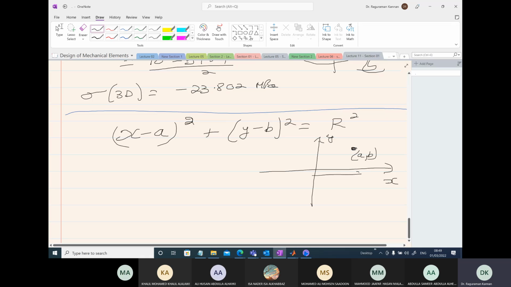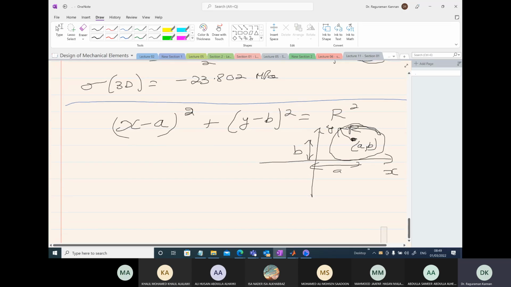That means the horizontal distance here is a, the vertical distance is b. And let's draw a circle around this point with the center at a comma b with some radius capital R. The equation of the circle like this is given by this equation, where a and b represent the center of the circle, R is the radius of the circle.